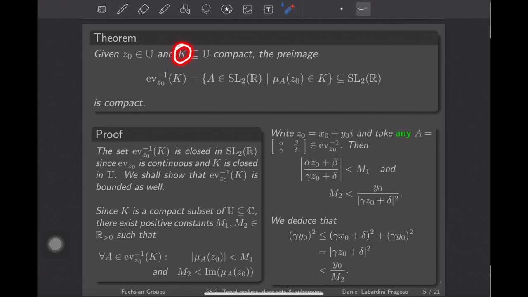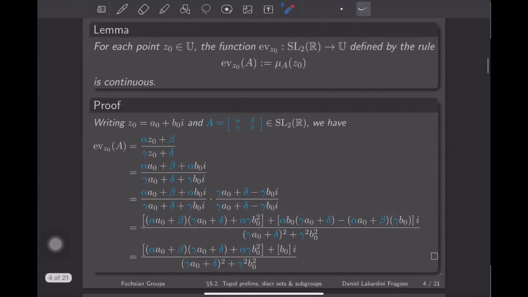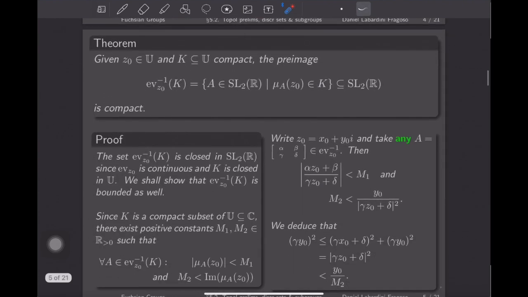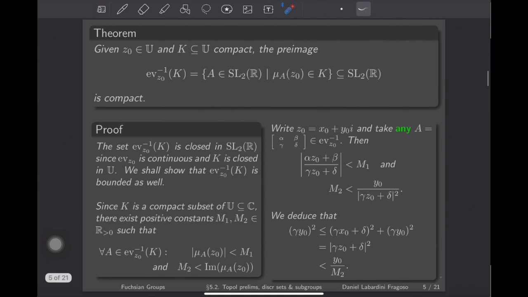So this one is closed, and we know that the evaluation map, this F_Z0, is continuous. So the inverse image is closed. So that part is easy, and now we're going to see that it is bounded as well.